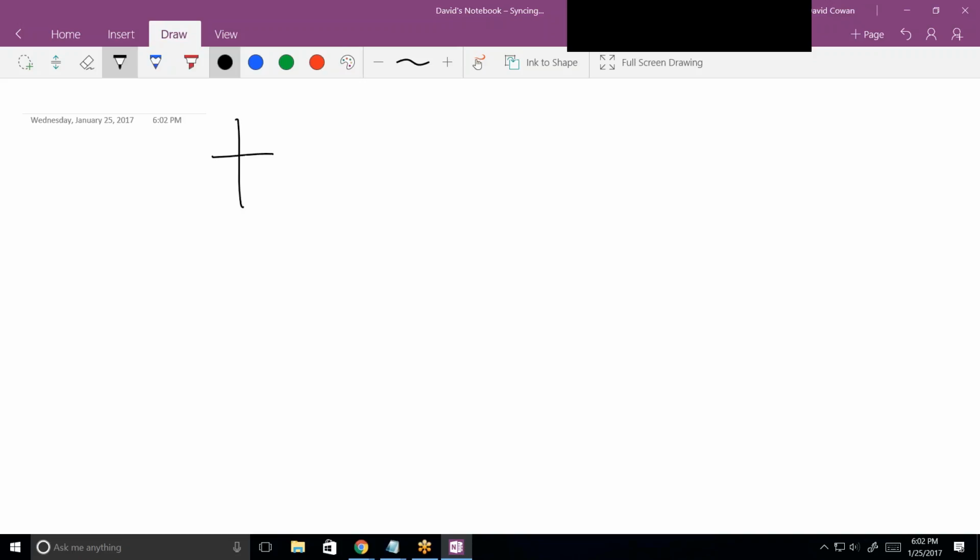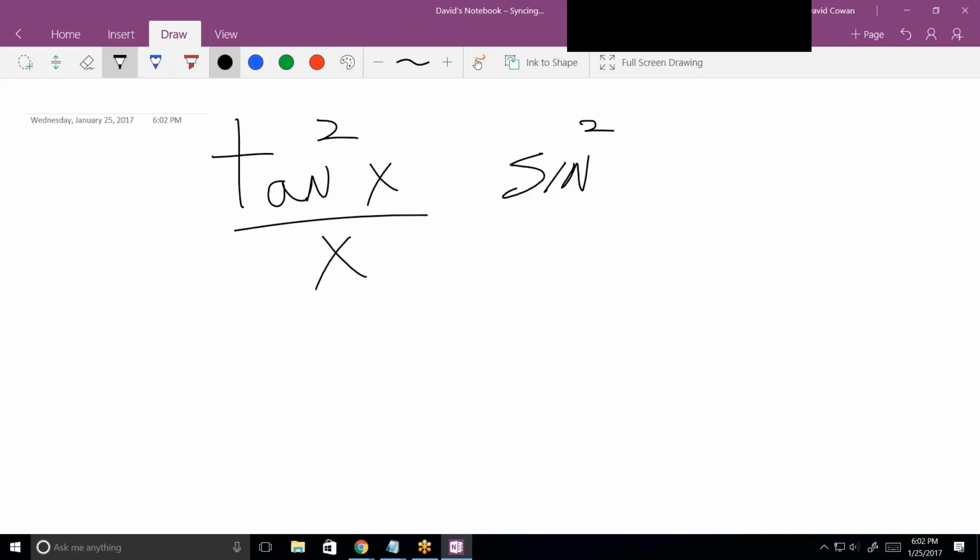Here's one. Tan squared of x over x. Sine over cosine. So it would be sine squared of x over cosine squared of x times x. Let me write that x there so it's not confusing.